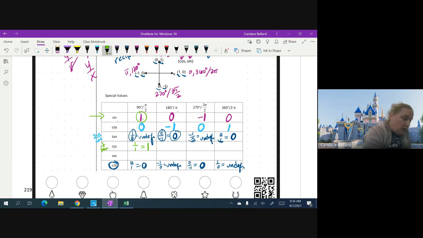I've got 1 and I've got to divide by 0. So this one ends up to be undefined. Okay. I've got 1, and I'm going to divide by -1. That's going to turn out to be -1. I've got 1, and I'm going to divide by 0, so that's going to be undefined.